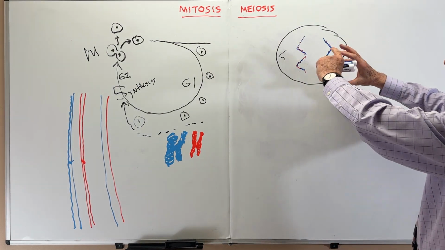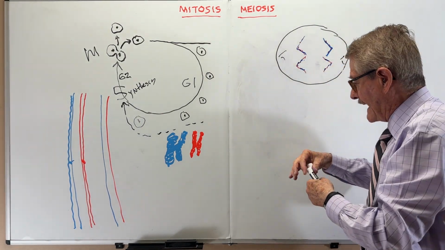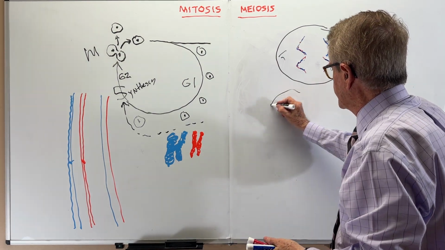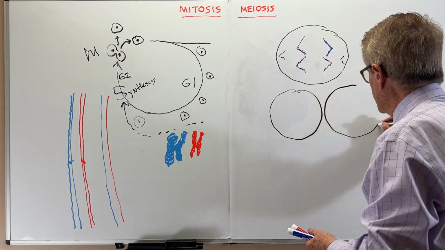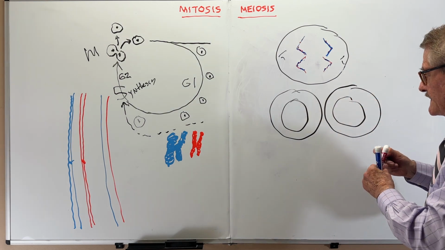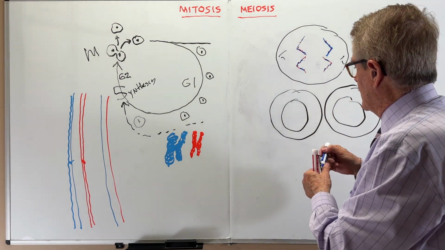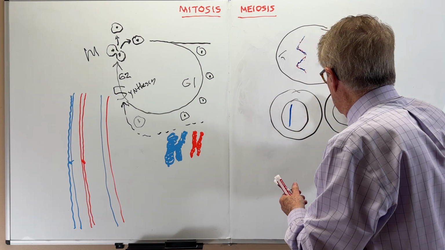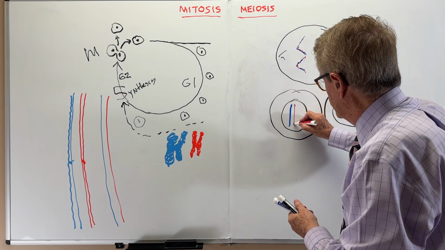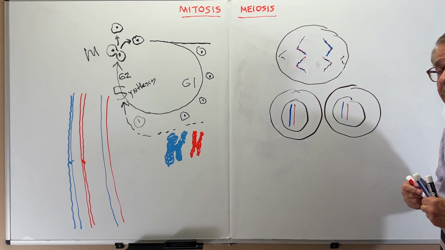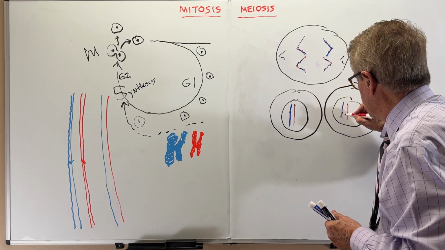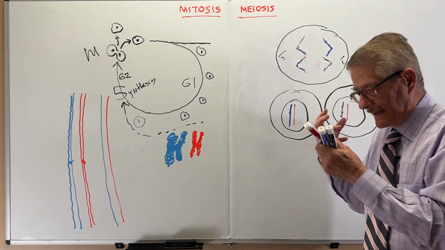After that, the cell divides, and if you will bear with me, we will have two cells, in which the paternal chromosome will be here, and the maternal chromosome will be here, with the difference that the paternal chromosome is not the same.